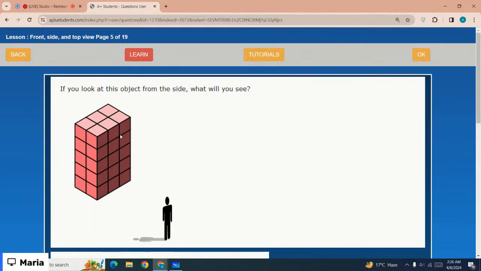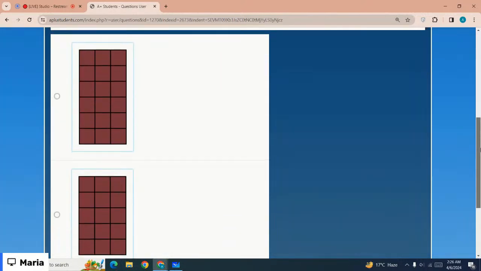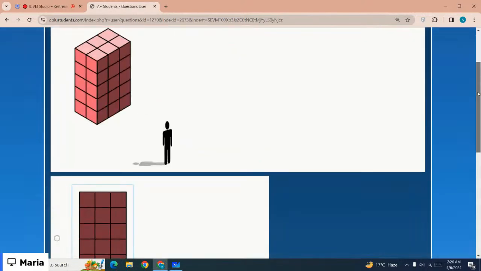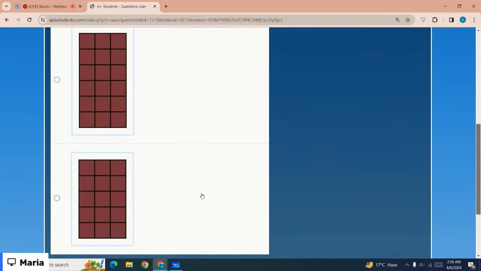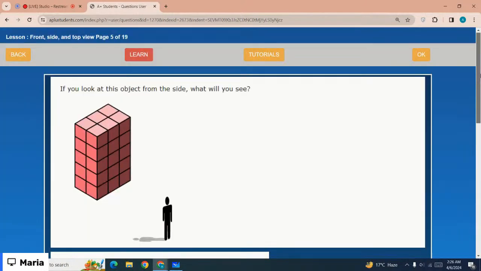You can see this side, one, two, three. This one, the option number two is the correct option, right? Okay, you can complete the lesson by yourself later today.